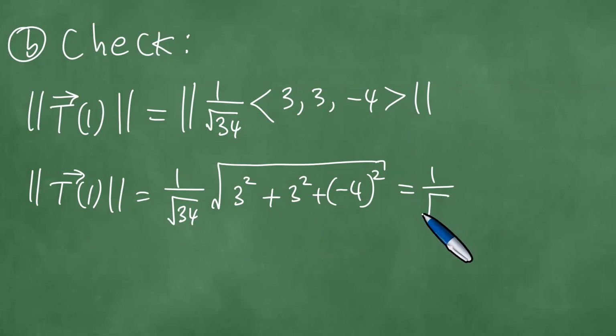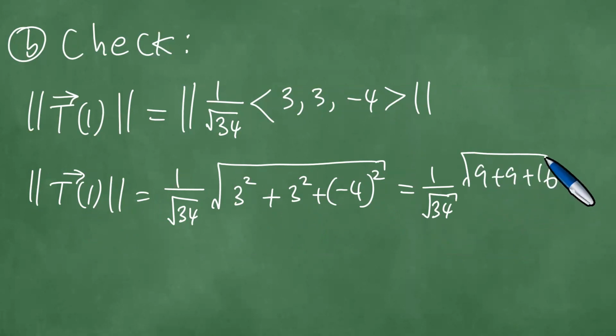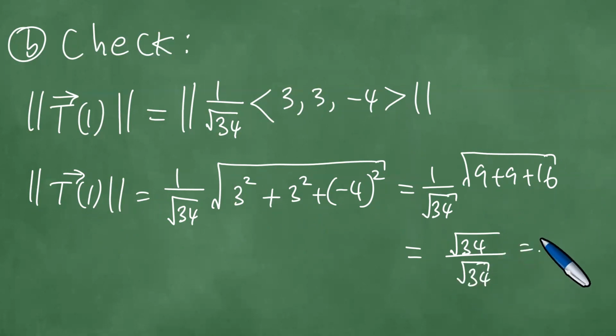And what is the square root of these? 3 squared is 9, plus 9, plus 16, and this is exactly the square root of 34, because 9 plus 9 is 18, and 18 plus 16 is 34. Divided by the square root of 34, the result is 1.